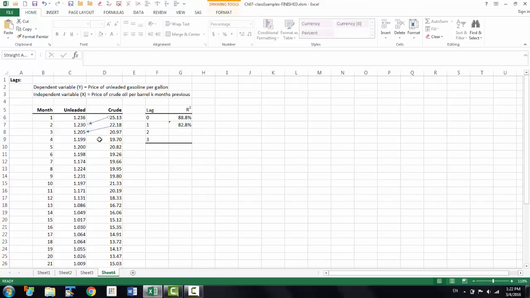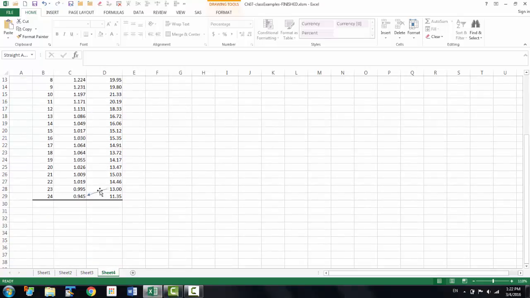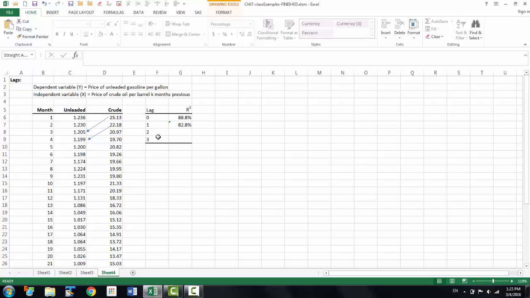Now suppose we want to try a 2 month lag, which means this crude price will have to be matched with this unleaded price, and similarly the next one will have to be matched here, and so on, and the last one would be like that.